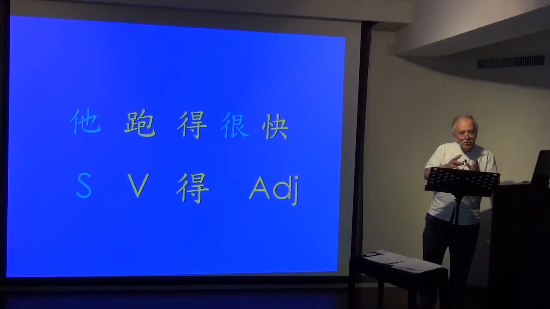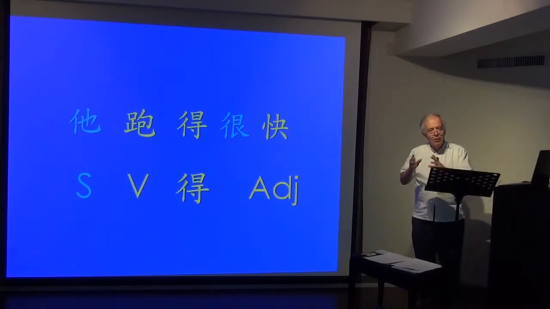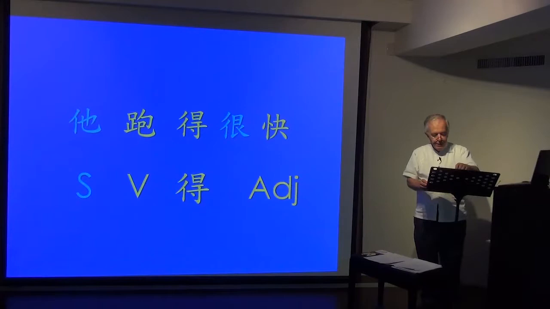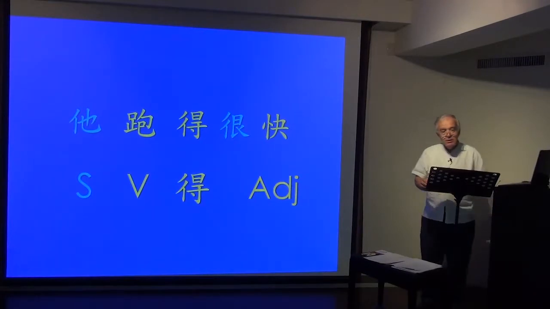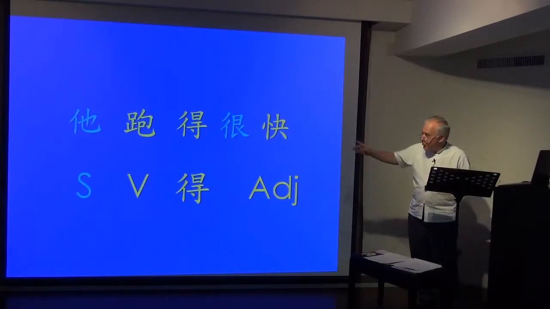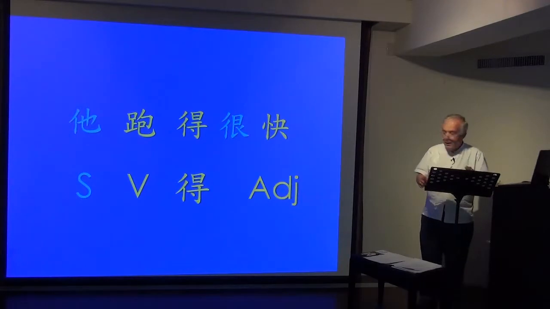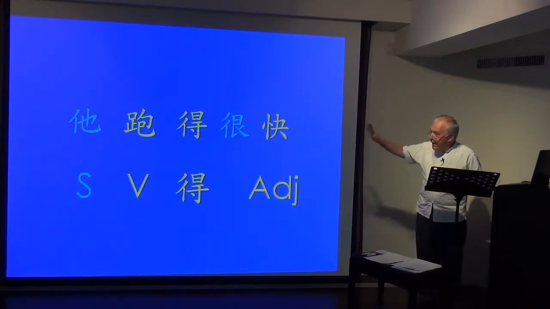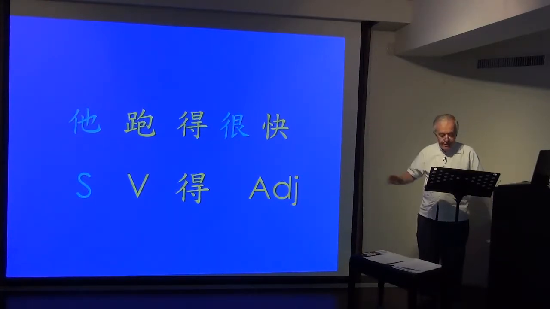So in English, to turn an adjective into an adverb, we add ly. Slow becomes slowly, clear becomes clearly. Now in Chinese, many adjectives can also be used adverbially. 他跑得很快. And they're used to describe the manner of how an activity is carried out.